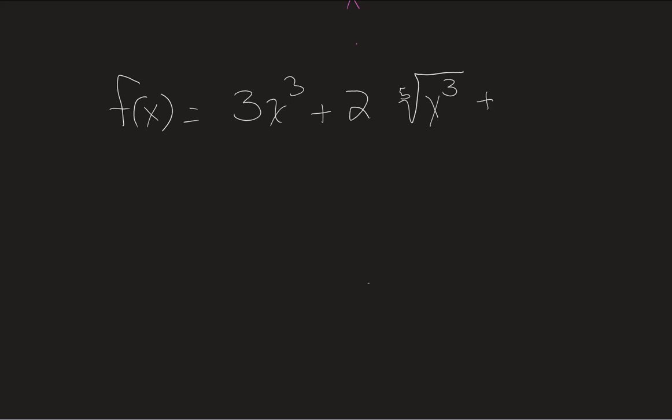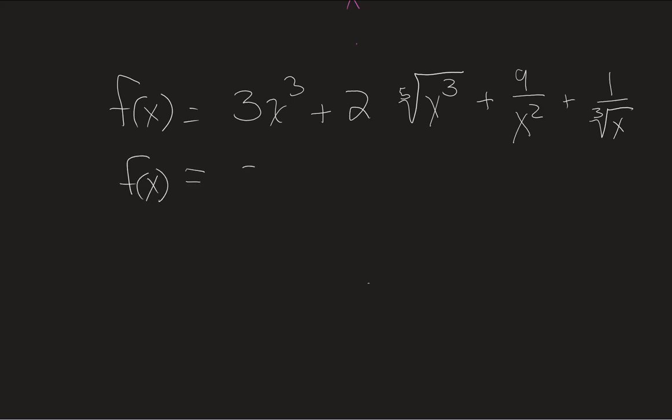Okay, so now let's try f of x equals 3x to the 3rd plus 2 times the 5th root of x to the 3rd plus 9 over x squared plus 1 over the 3rd root of x. Okay, so the first thing we want to do is rewrite this so they're all exponents.